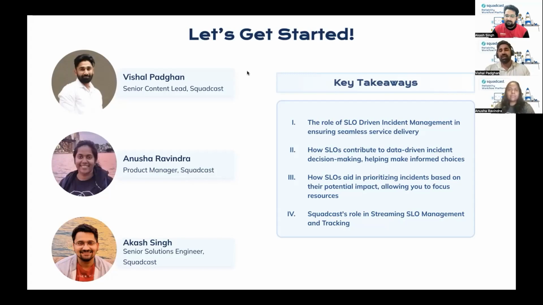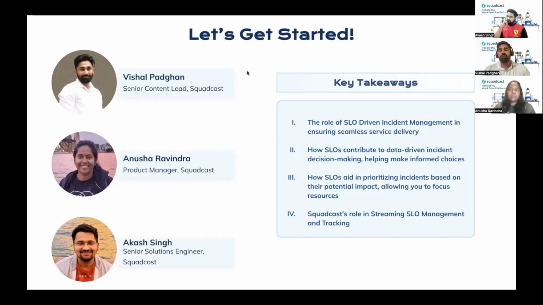So let's quickly get started and take a look at the key takeaways or the agenda that we have for today's session. We'll start off by understanding the basics of SLOs, or service level objectives, where we'll talk about what those are and how they influence SLO-driven incident management. Then we'll move on to understand the role of SLOs in contributing to data-driven decisions.